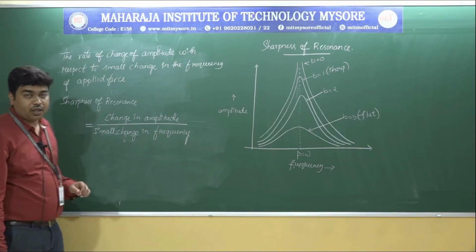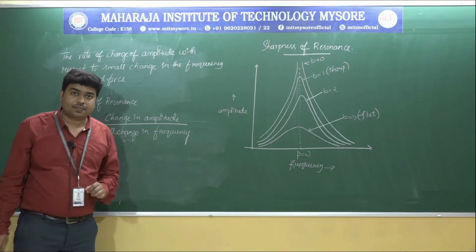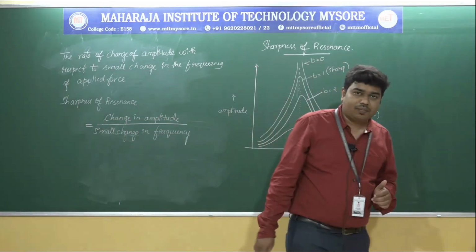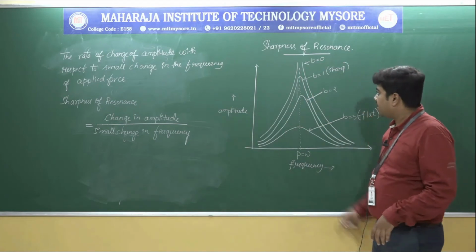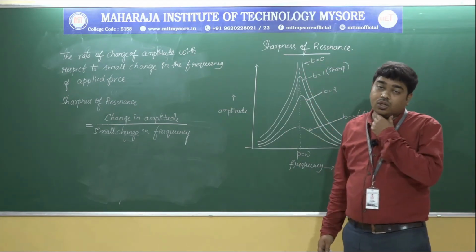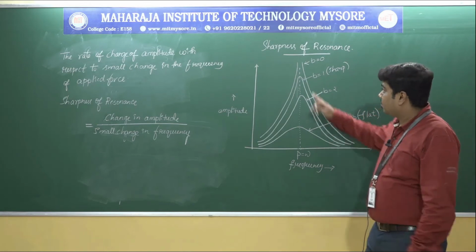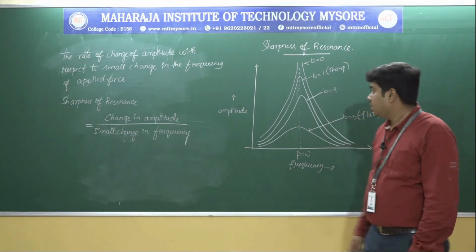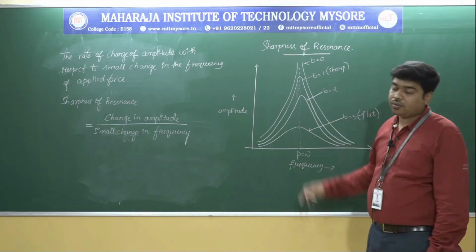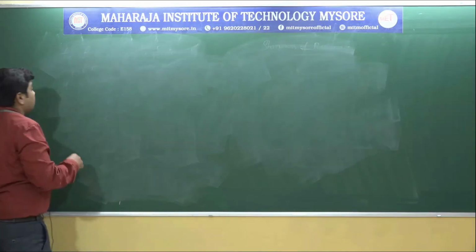So this is how we can define the sharpness of the resonance. The sharpness of the resonance completely depends on the damping. Now when the damping is 0, there are no frictional forces acting on the body, that is in the ideal condition, the amplitude of the oscillating body will be maximum. But as the damping value goes on increasing, the amplitude of the oscillating body goes on decreasing.